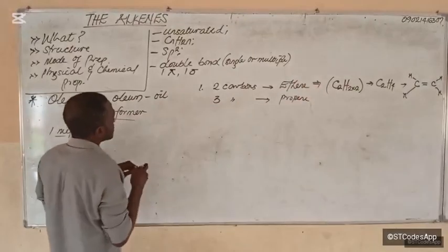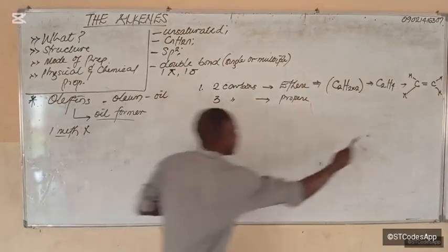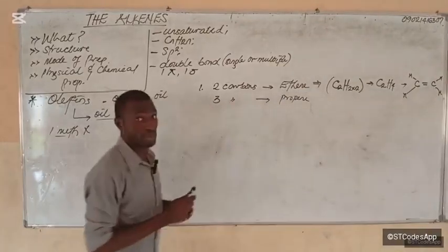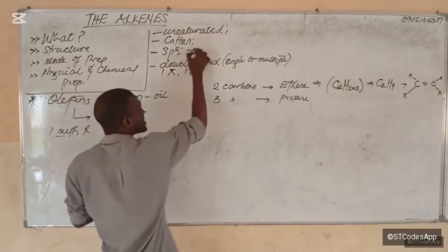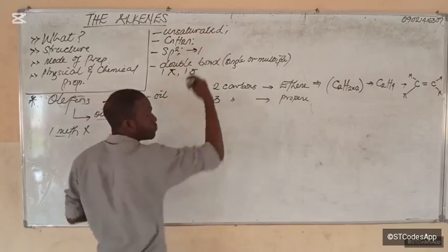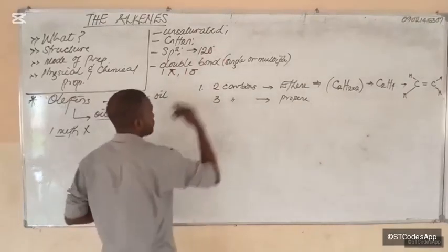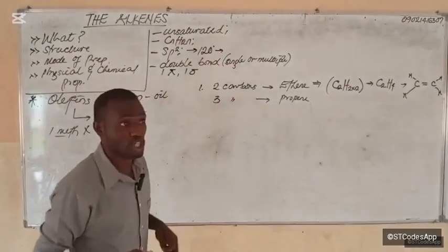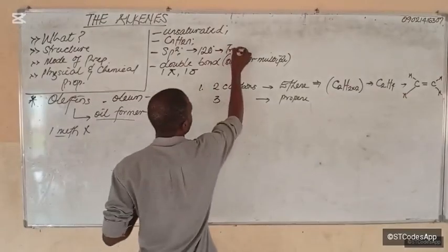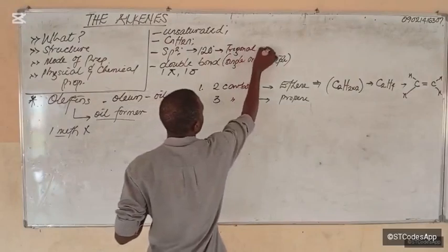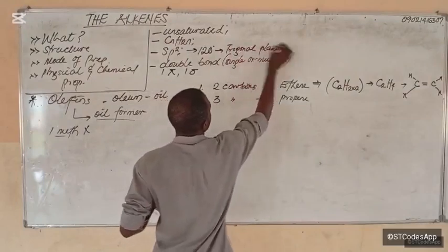I did mention that they are sp2 hybridized. These carbons here are sp2 hybridized, and they have a bond angle of 120 degrees, okay, and maintain the trigonal planar shape.